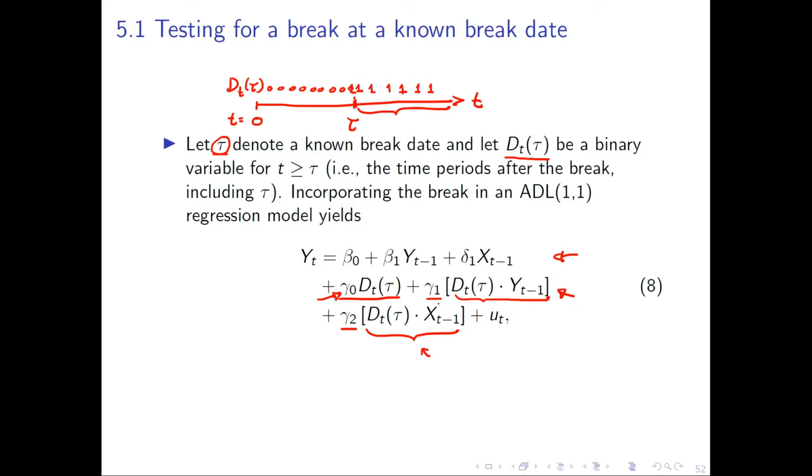You could actually just skip one or both of these variables that you have created, and then you would test the remaining combinations of the dummy variable and the dummy variable times a regressor.